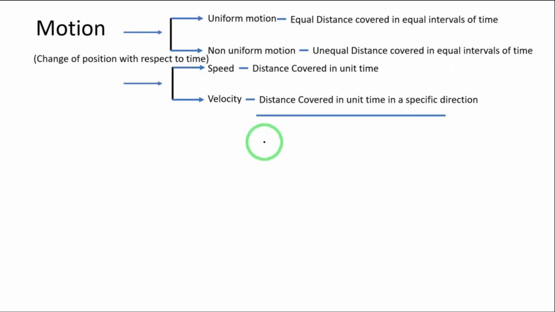After that, we have seen uniform velocity as well as non-uniform velocity. And what is uniform velocity?